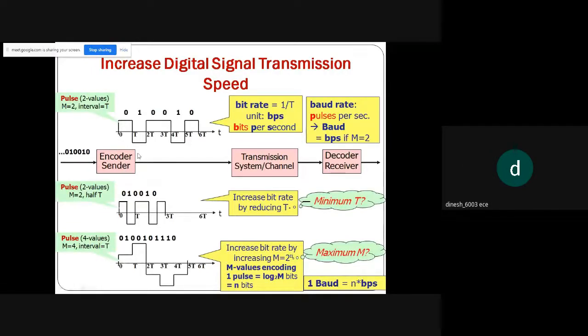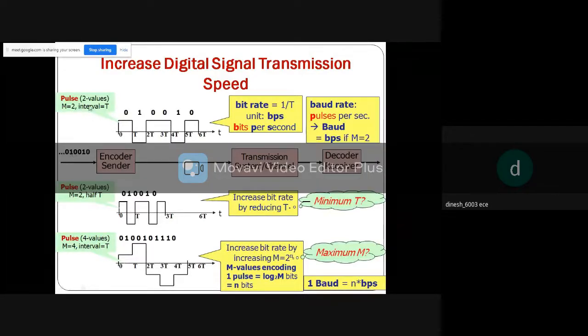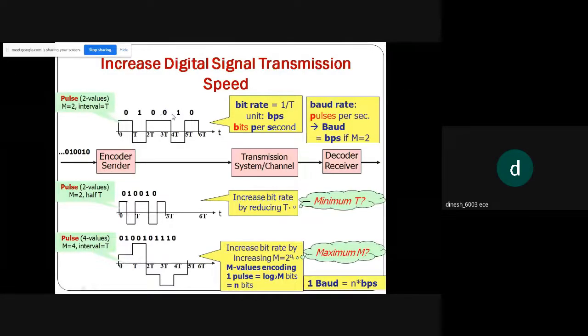This has two values, 0 and 1, at an interval t. For 1t, 0 will go, for another t, 1 will go, for another t, 0 or 1. So for every time period, only one symbol is transmitted. This is an example of that.